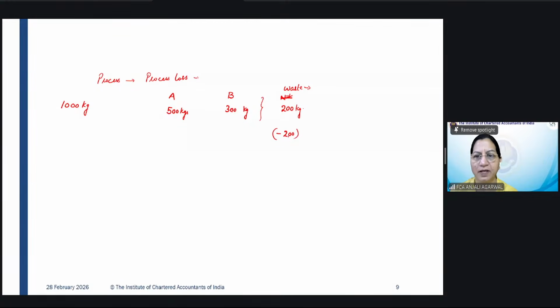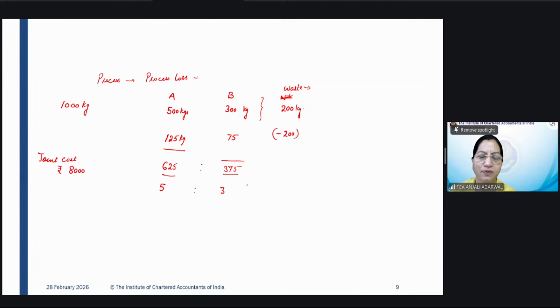So 200 divided by 8 is 25. 25 into 5, 125 kgs should be allocated to A and 75 should be allocated to B. So we will divide the total cost of 8,000 rupees not in the ratio of 5:3 this time, but in the ratio of 625 is to 375. Ultimately, the ratio will be 5:3 only.